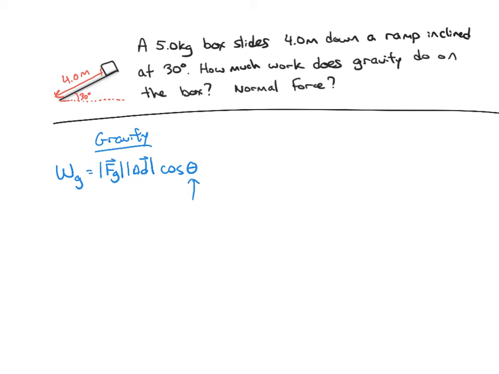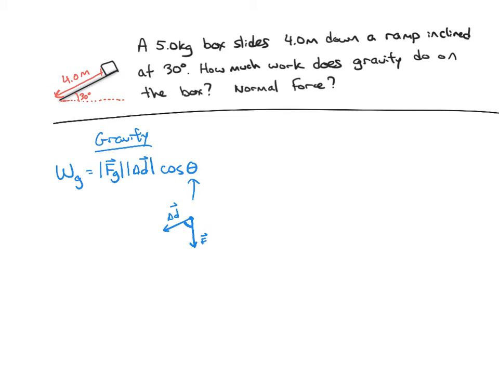I'm going to draw a diagram, with the two vectors tail to tail. Gravity is straight down. That's the direction of the force of gravity. Whereas the displacement is down the ramp. So there's the direction of displacement. The theta for gravity is whatever angle is in between those two. What angle is in between those two?